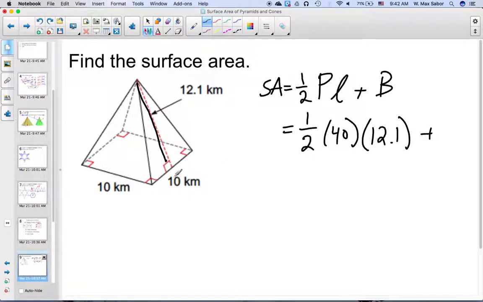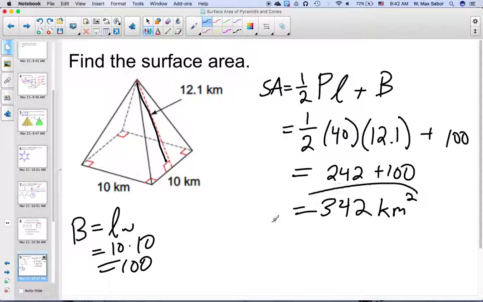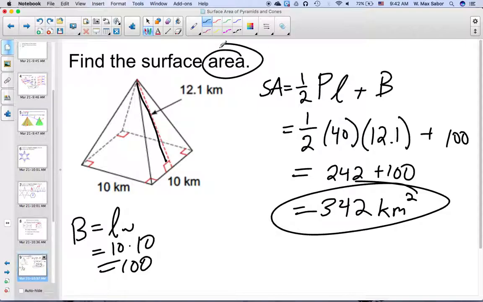And the base is base times height, or length times width: 10 times 10 is 100. So 20 times 12.1 is 242, plus 100. I'm getting 342 square kilometers. Remember, it's going to be square kilometers with area.